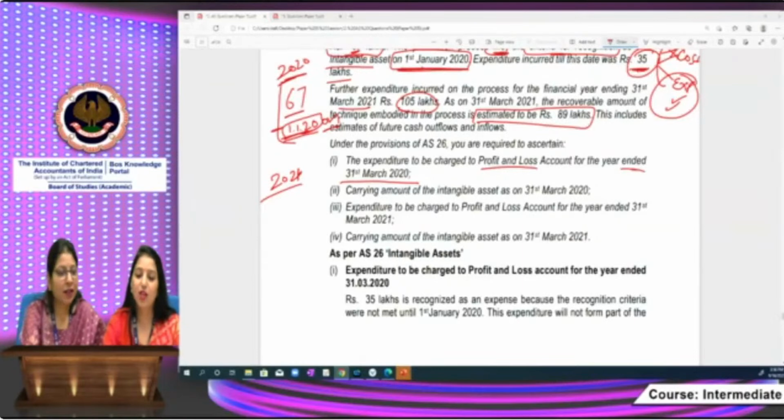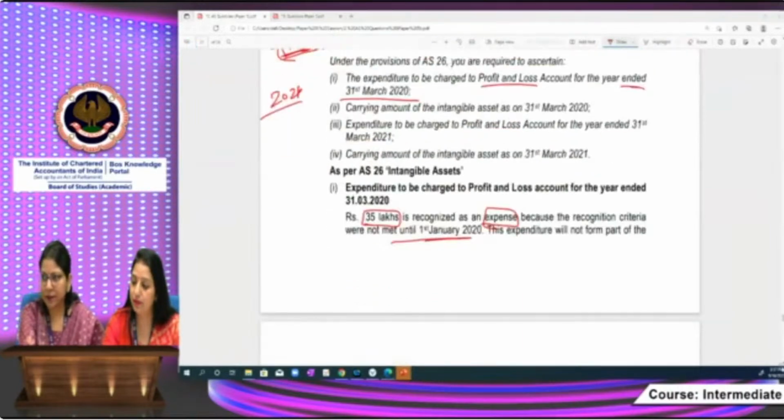Nobody is answering. So as per the information, it is clearly mentioned that the criteria is met on 1st Jan 2020. So that means the 35 lakh, the expenses up to 1st January 2020, will be recognized as an expense because the recognition criteria were not met until then. So the remaining expenses out of 67 will become the part of the intangible asset.